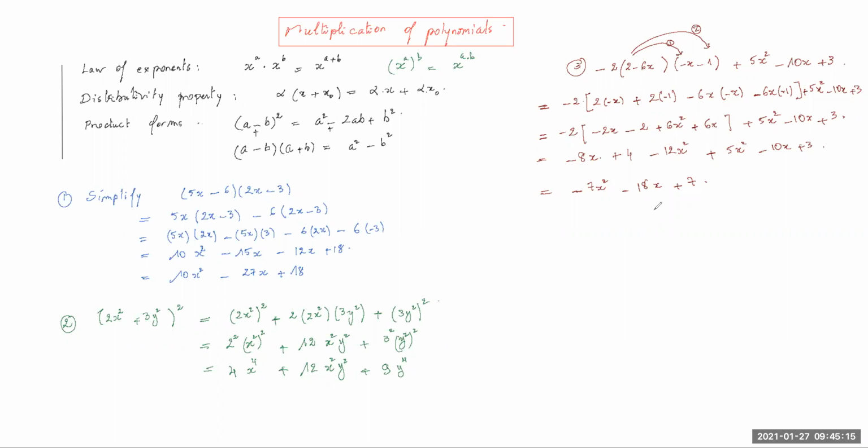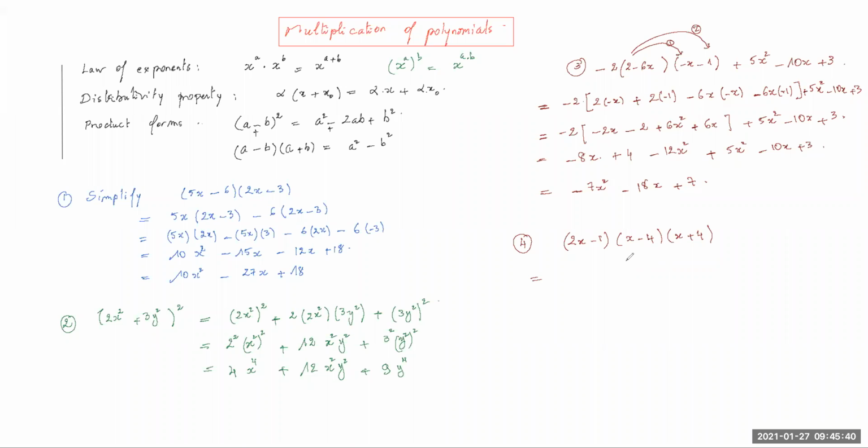Of course, we can have three products. For example, we can imagine having to compute 2x minus 1, times x minus 4, times x plus 4. If I have a product like that, I can go step by step.